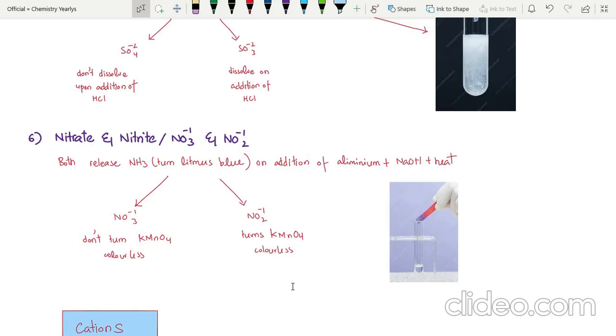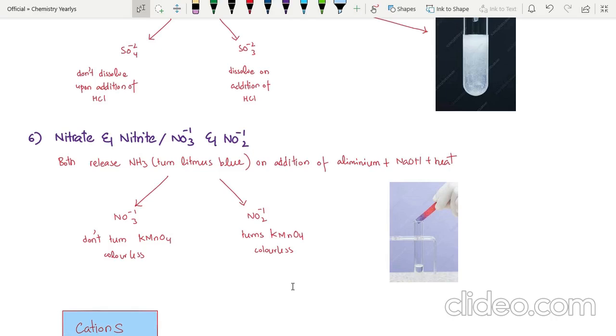So just maintain the distance from the test tube, but ensure that it is on the top of it while heating. So both release ammonia and will turn litmus paper blue on addition of aluminium plus NaOH, and after that we are going to be heating it. I've already included the image of how a red litmus paper turns blue.